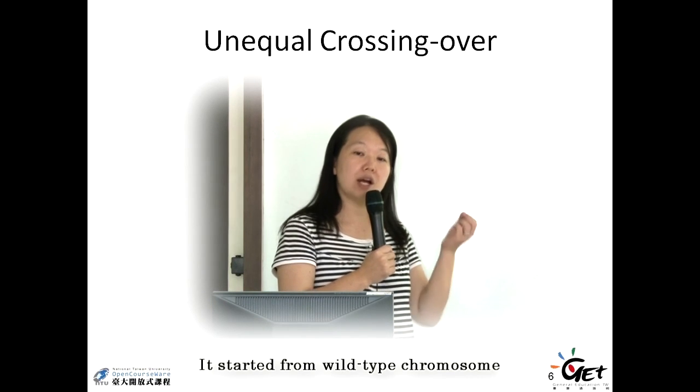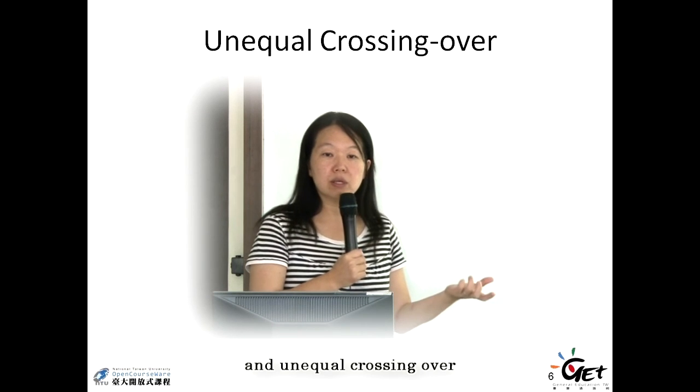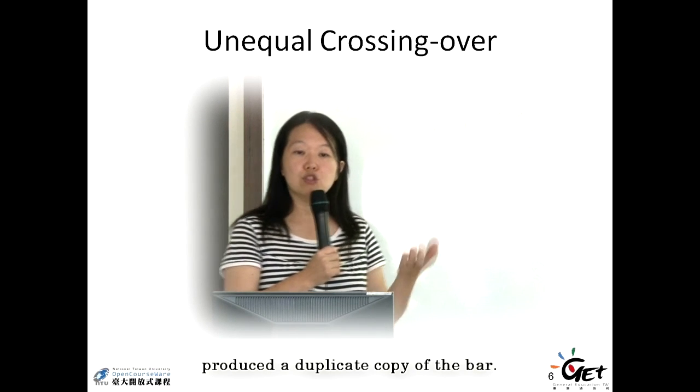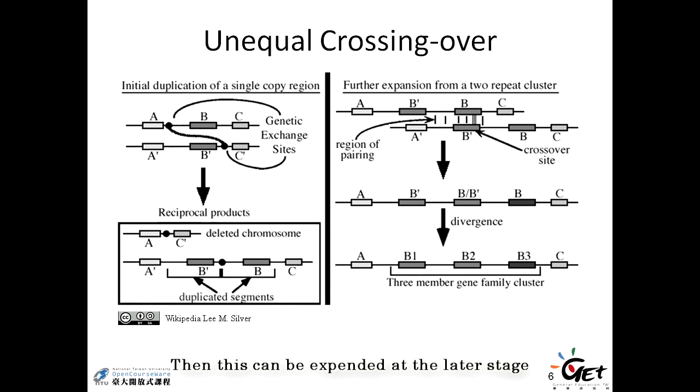It starts from a wild-type chromosome, and unequal crossing over produces a duplicate copy of the bar. Then this can be expanded at the later stage, as shown in the right-hand side of the slide. So now you have two B locus, and the B is homologous with its paralogous. So now you have two B's.